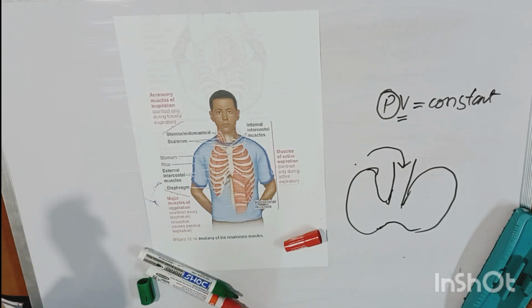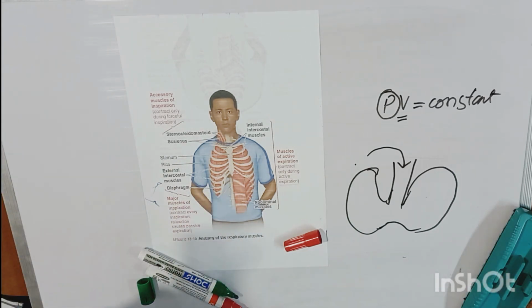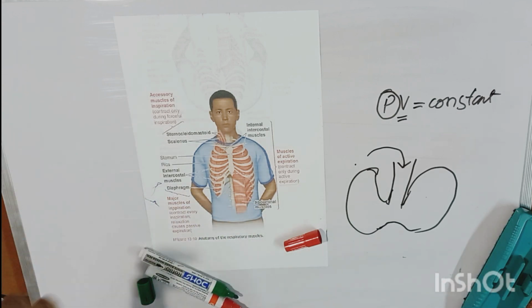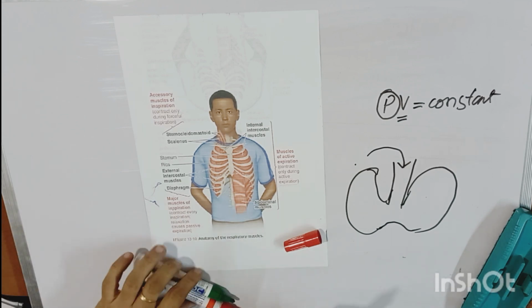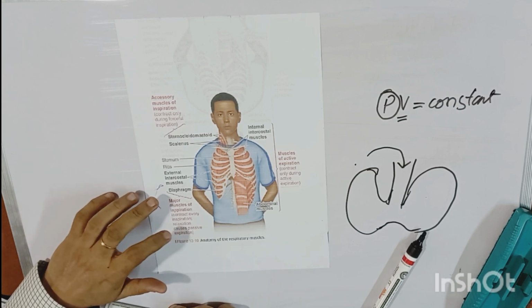Just like that, the diaphragm is getting inverted, the volume is getting compressed, so pressure is building up and the air goes out just by the relaxation of these muscles. So relaxation causes passive expiration. We now know this point.